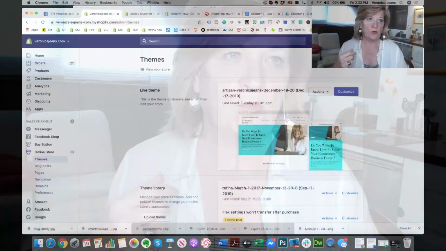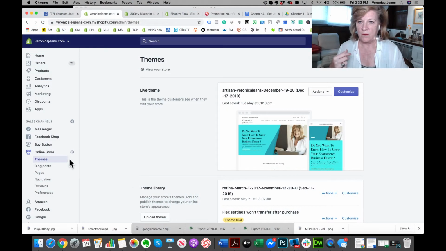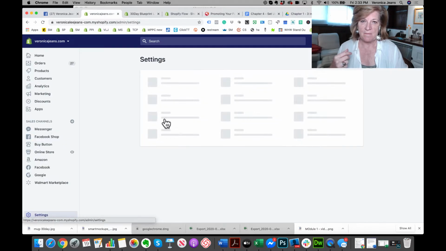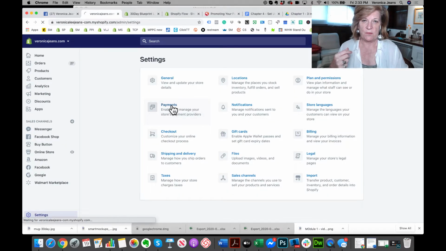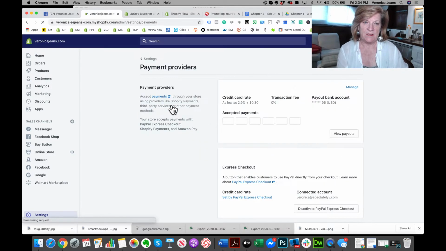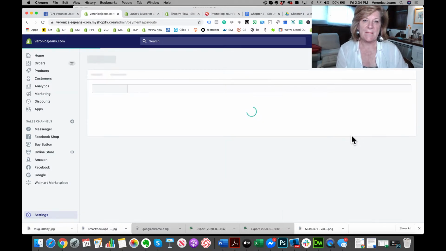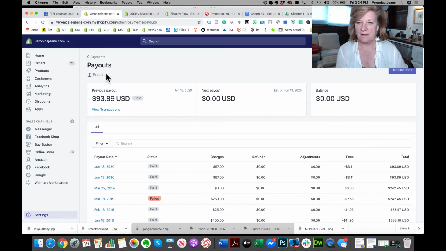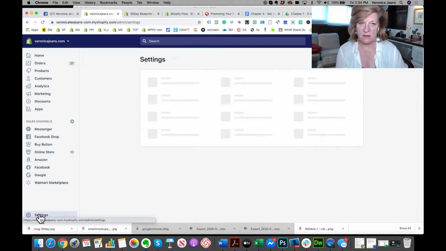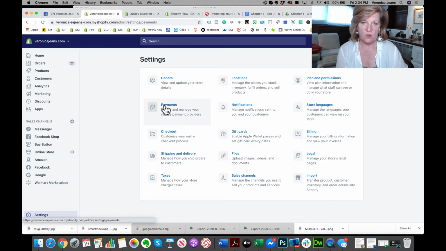so they can accept all the payments that are required. Remember when I showed you in your store, when we went to settings and into payments, these are all the accepted cards that we have.